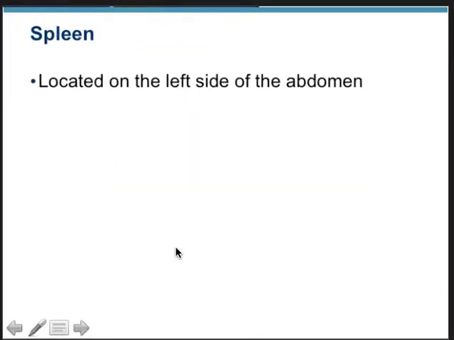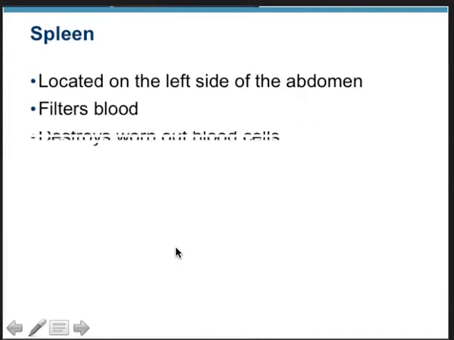So let's talk about the spleen. It's located on the left side of the abdomen, and it filters blood, destroys worn-out blood cells. Remember that red blood cells don't have a nucleus, and so they can only make about 2.5 trips through the circulatory system before mechanical stress produces so much damage that they can't hold themselves together anymore, and so they need to be recycled.